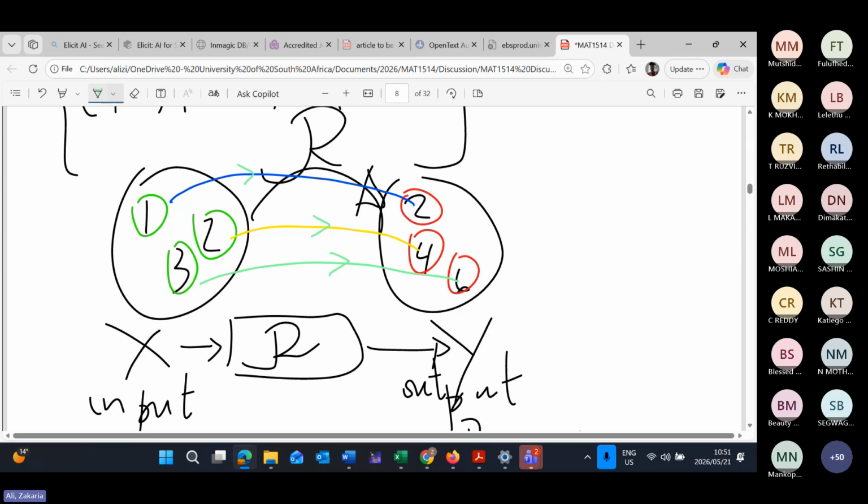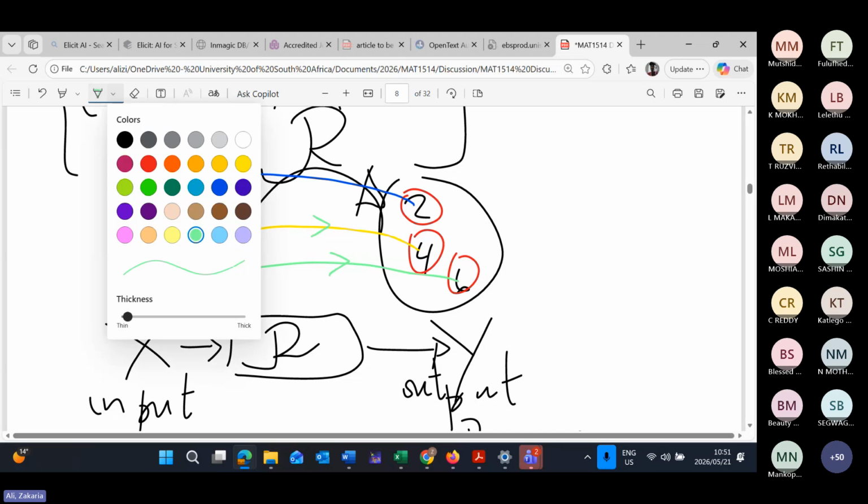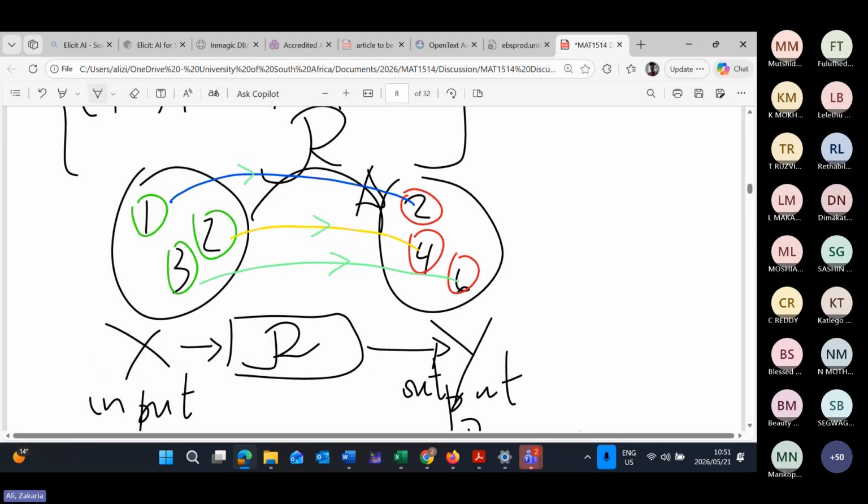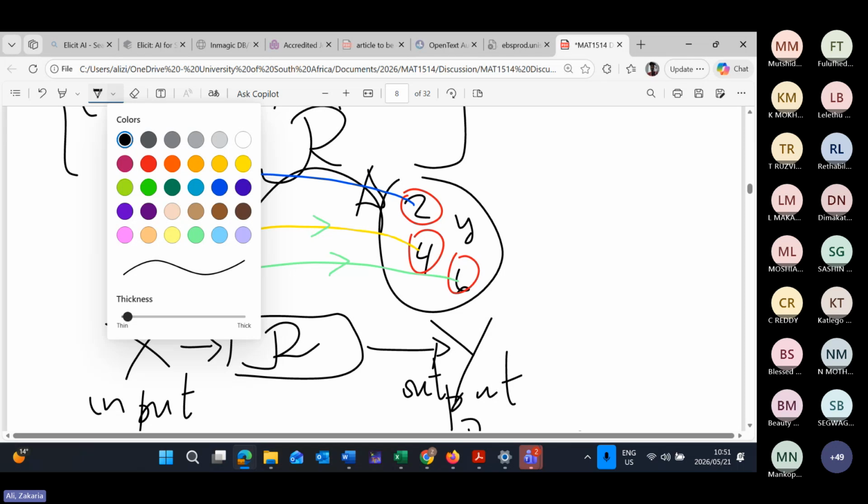This is just for the ordered pairs. This is an input value, and they are independent. In another sense, we call them variables. The ones in X are the inputs, or variables, and we usually denote them by a small letter x. The ones here we usually denote by a small letter y, in a different sense mathematically.